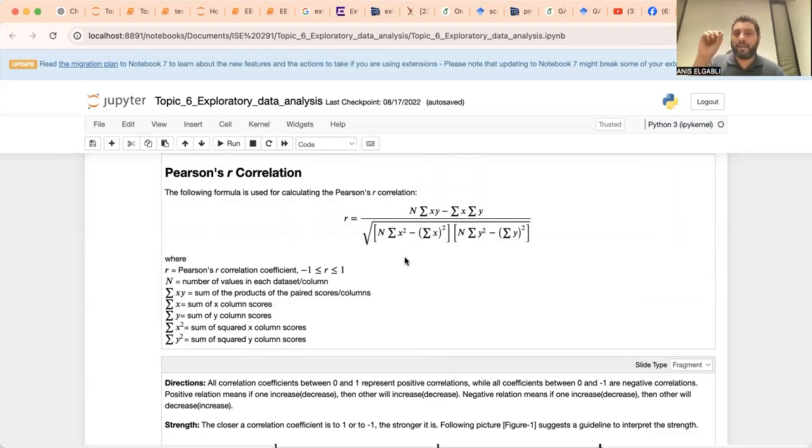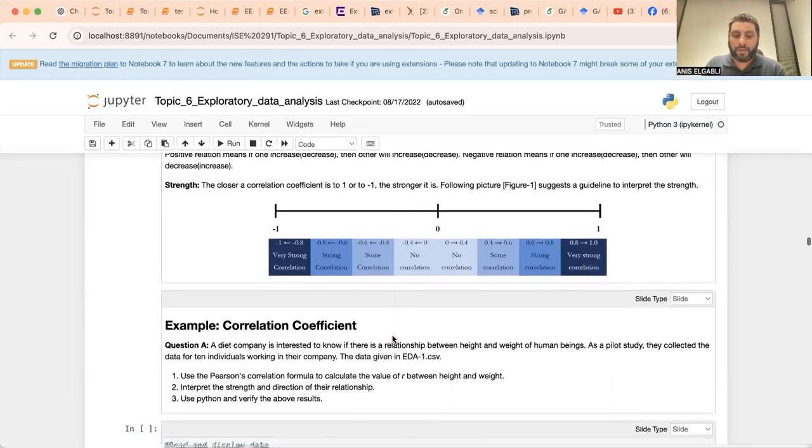But if the dots are all over the place, that's an indicator that there is no correlation between these two variables, because for a given value of X, Y can take any value randomly.